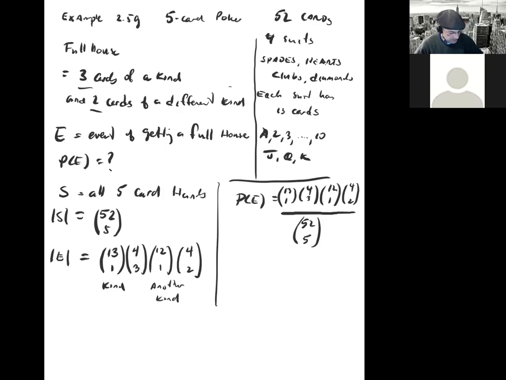And this is not hard to compute with a calculator or one of these online things that compute combinations. You're going to get 0.0014. It's a pretty unlikely event. It's very small. So that's the answer to the problem.